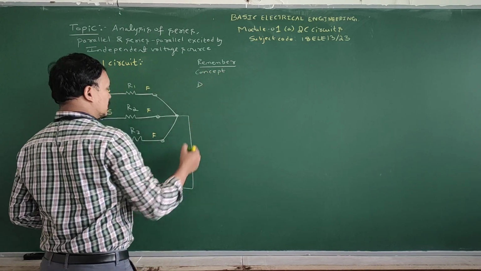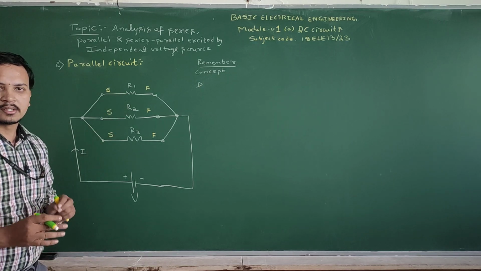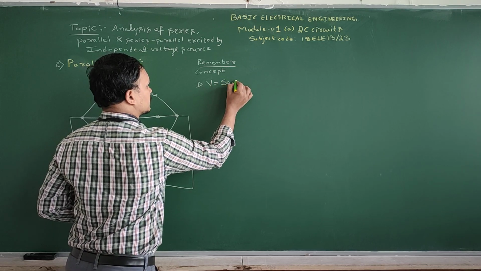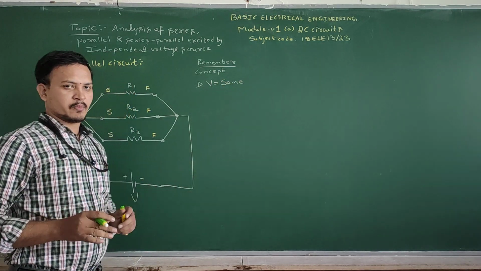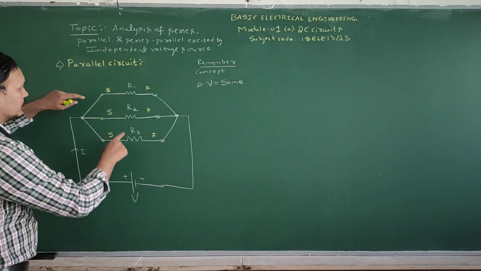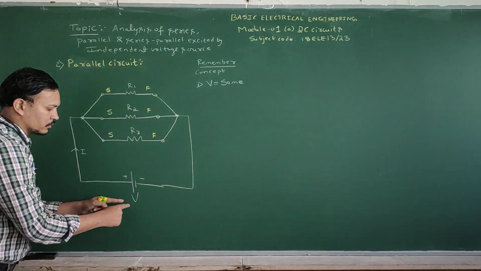So first point, in a parallel circuit, the voltage across each and every element will be the same. So we can write in short form, voltage is same. Fix in your mind, in a parallel circuit, voltage will remain the same. Look here. Now take the R1 element. R1 is directly connected across the voltage source.